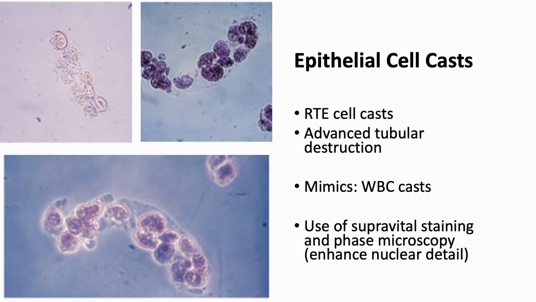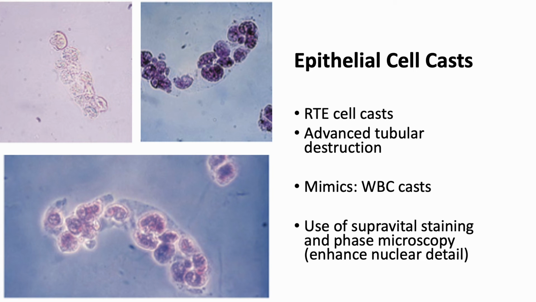Epithelial cell casts, or renal tubular epithelial cell casts, indicate advanced tubular destruction. They produce urinary stasis with disruption of the tubular linings and are associated with heavy metal and chemical or drug-induced toxicity, viral infections, and allograft rejection.